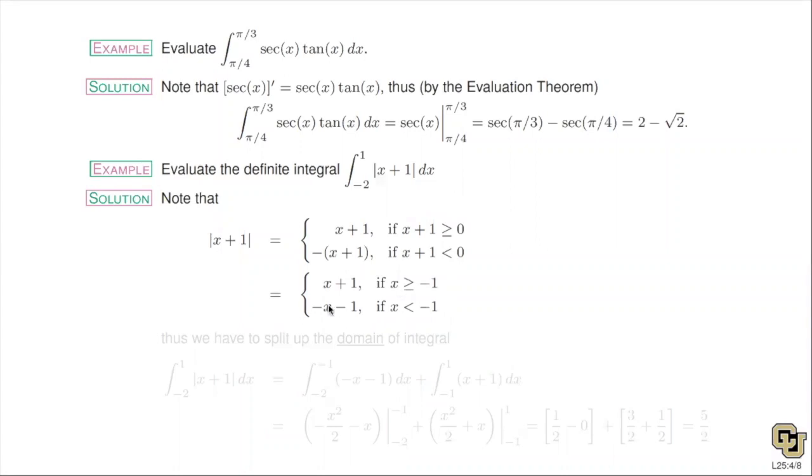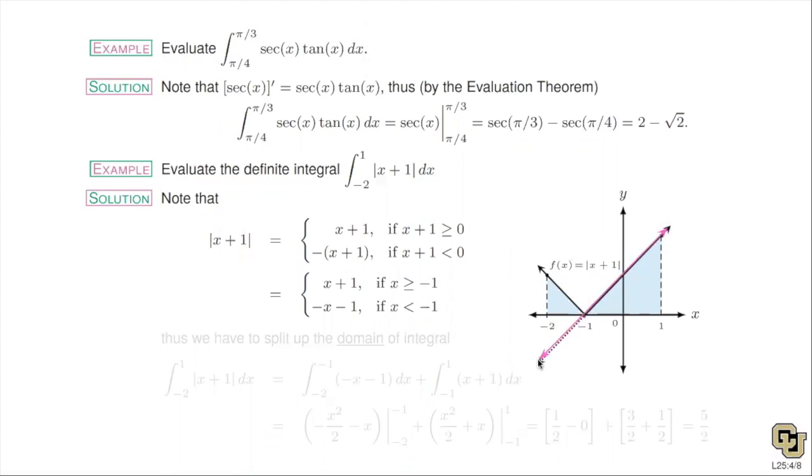So here's my function, and here's what the graph looks like. How did I figure out the graph? It's really easy. Graph the thing in between the absolute value bars. So here's the graph of x plus 1, and then take anything that's below the x-axis and reflect it above the x-axis. So I take this section that's below and reflect it above the x-axis.